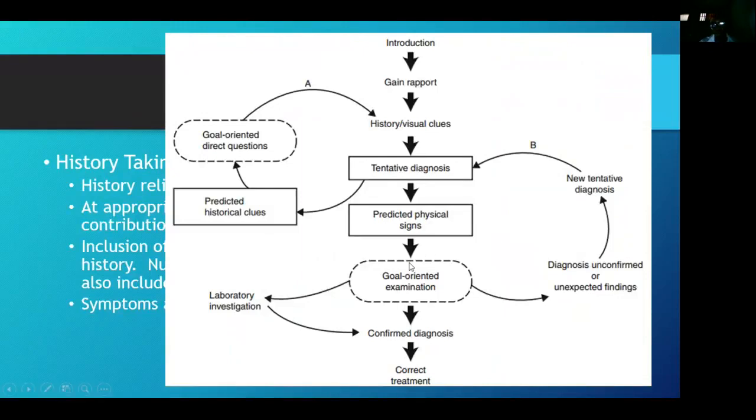By the time you have made a goal-oriented examination, you'll also be able to make appropriate inference that will direct the direction of investigation, laboratory investigation, to refute differential diagnoses and to confirm the actual diagnosis. And once you have confirmed the diagnosis, you'll be able to make correct treatment.